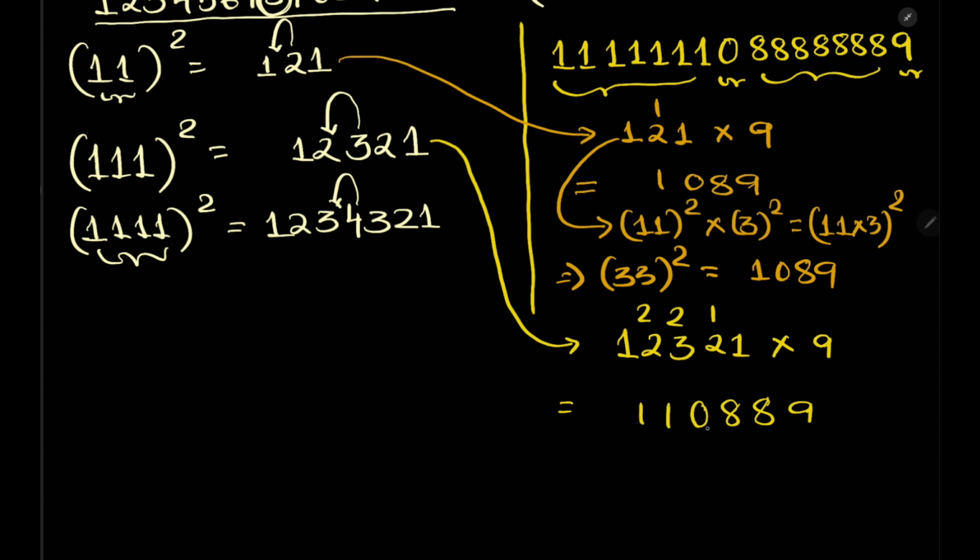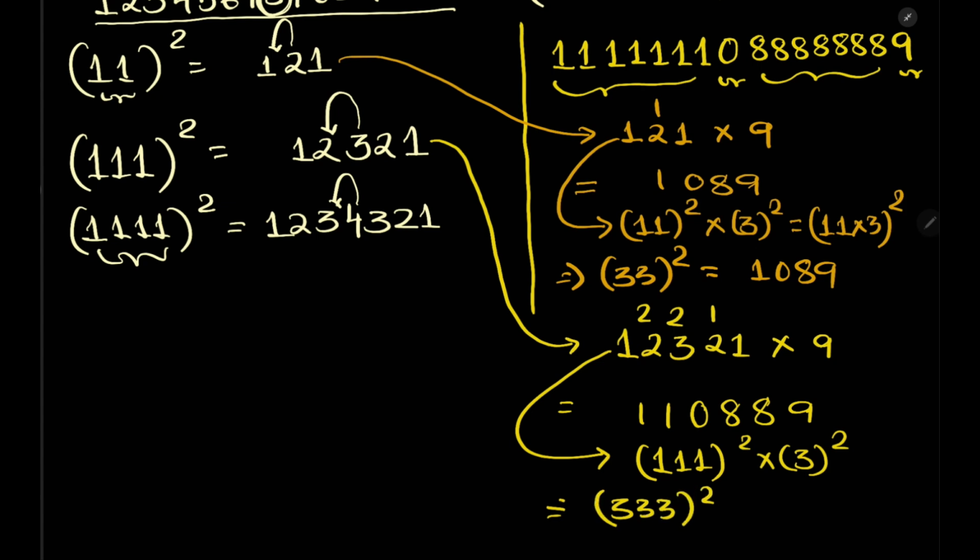So the answer is 110889 and we know this 1, 2, 3, 2, 1 is square of 111 and 9 is square of 3. Then we can write it as 111 into 3, that is 333 square is equal to 110889. Now I hope you are getting this pattern.